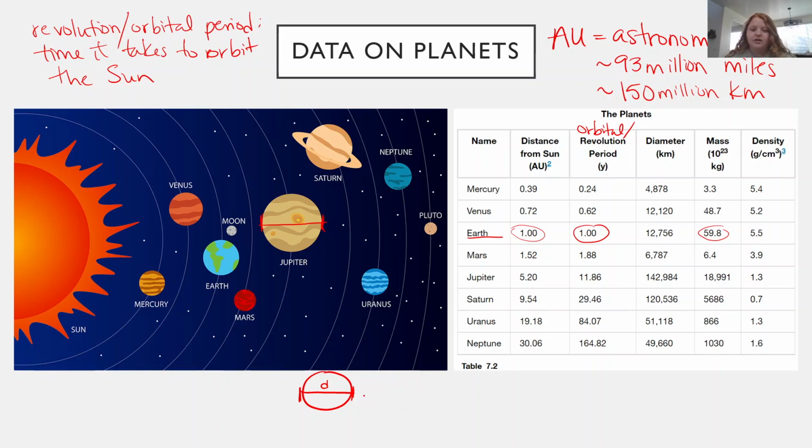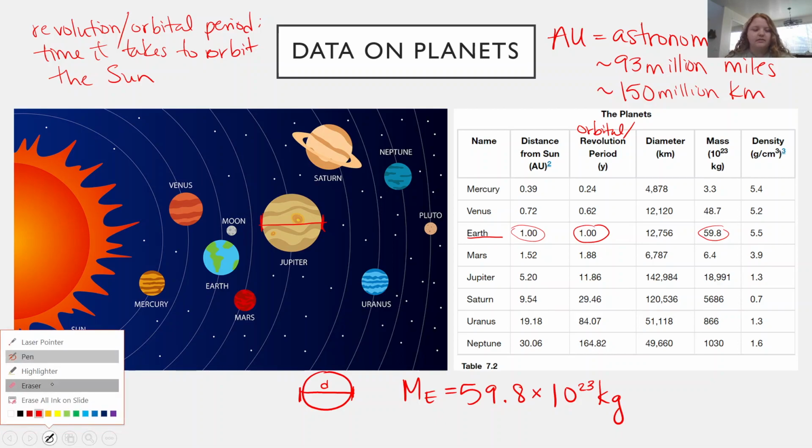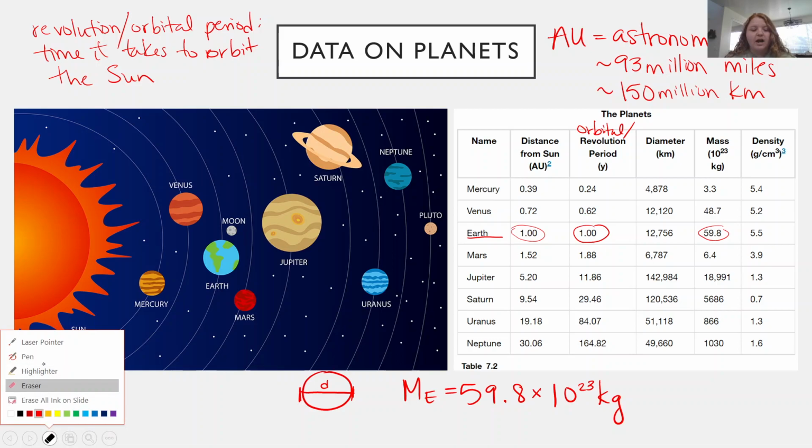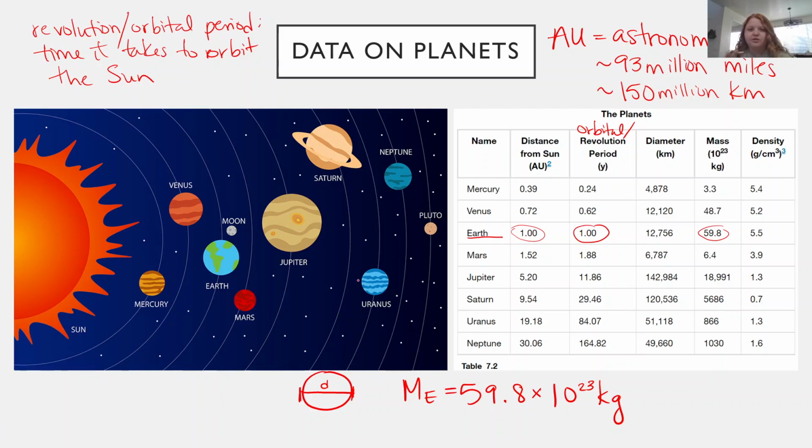Okay, so that would look something like: mass of the Earth is equal to 59.8 times 10 to the 23rd kilograms. Okay, so that's how we would write that. And we'll look a bit more at writing these large numbers, really understanding these large numbers this week.